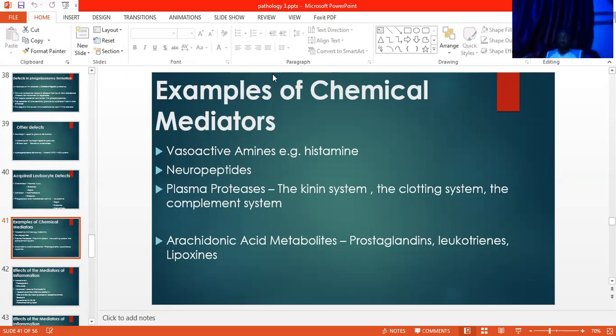The side effects of medications are not inflammatory reactions. What happens is that the medications act through different pathways. That's what causes the side effect. It is not an inflammatory reaction.